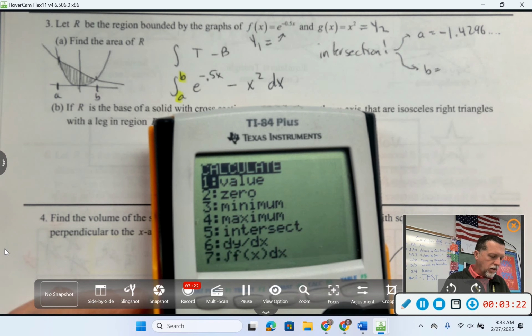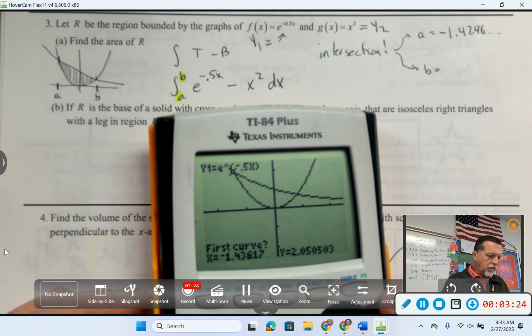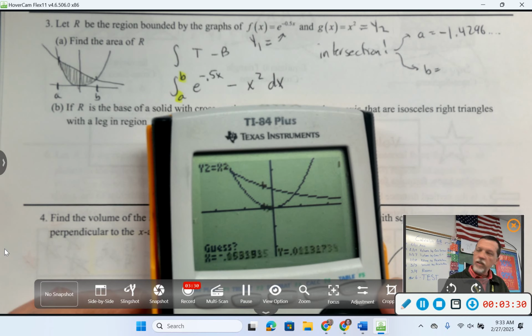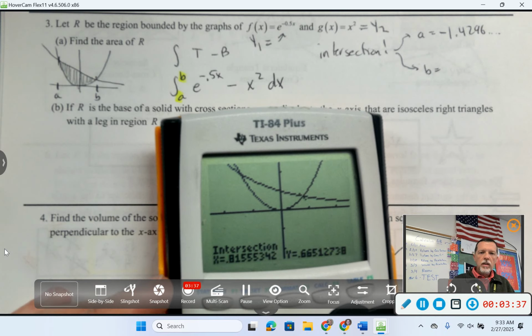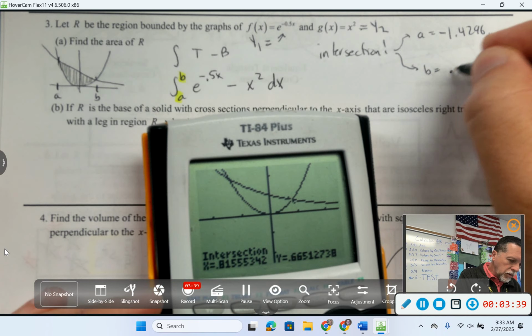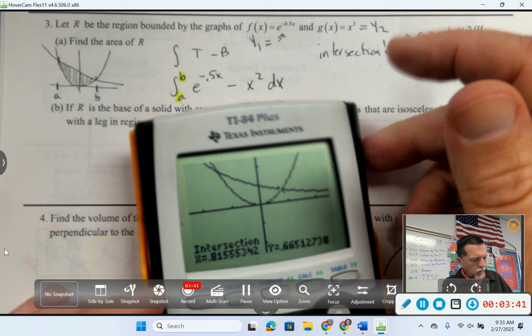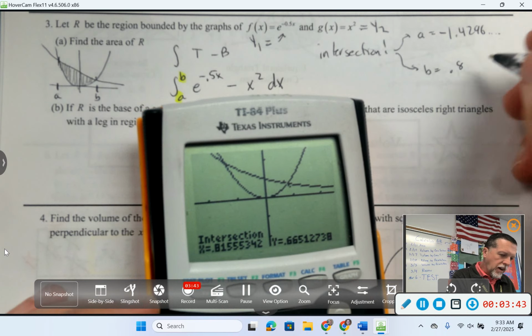Second calc, intersection, first curve, second curve, guess is over here. 0.8155.